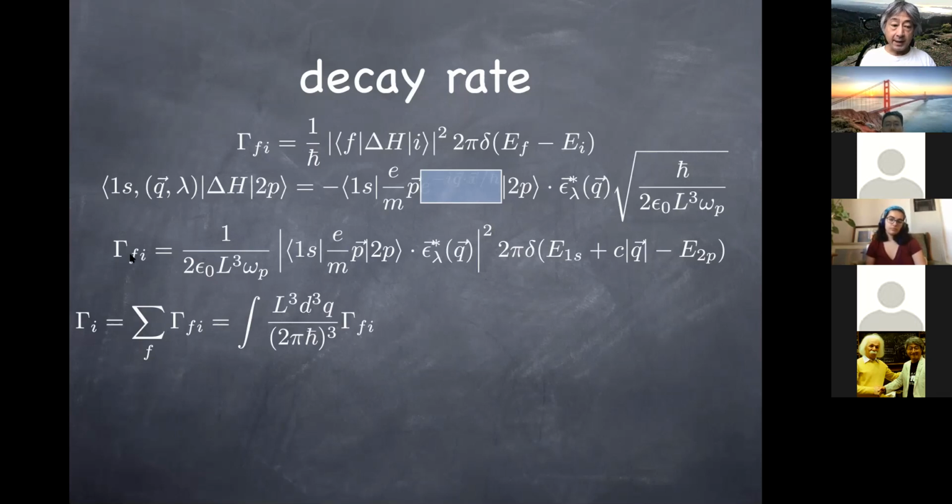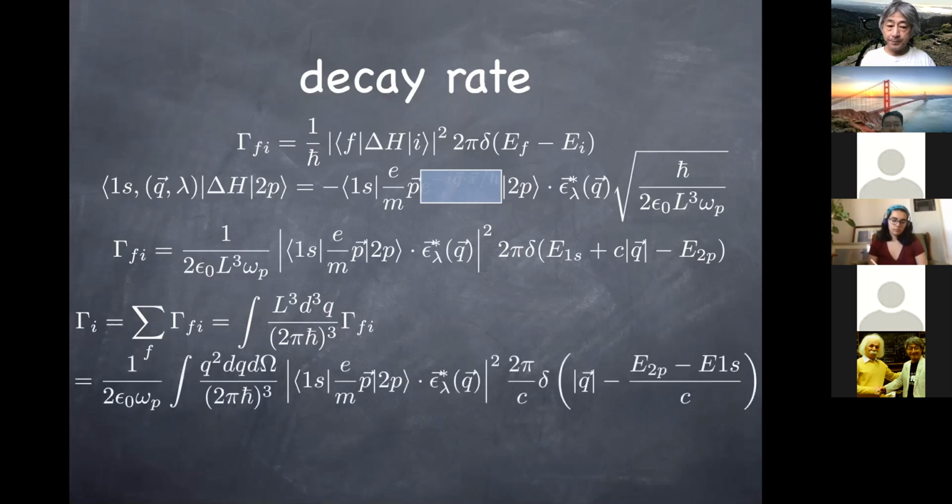So I stick in this transition rate gamma fi into the integrand, cancel the L cubed factor, and keep track of everything else. So it looks like this. And I also rewrote this three-dimensional integral over the photon momentum in polar coordinates. And the reason is clear.